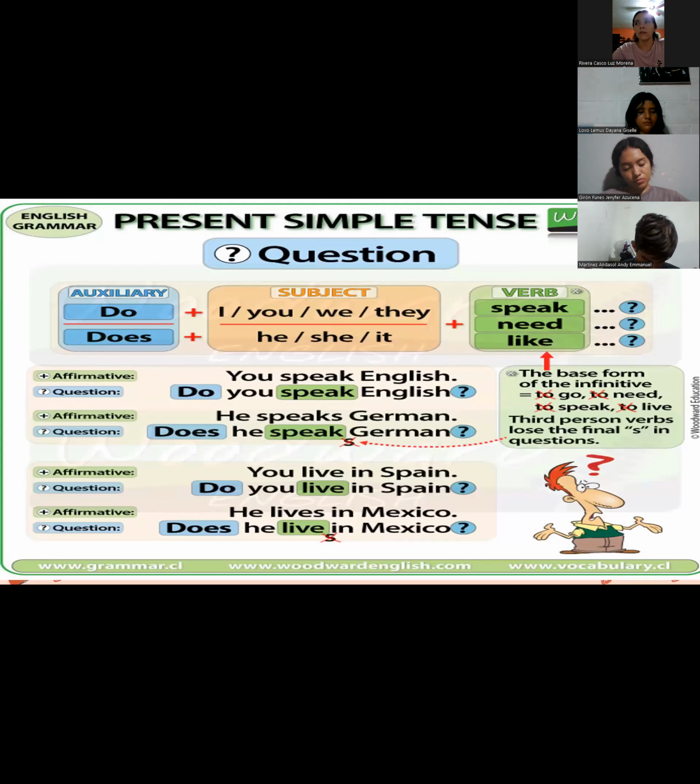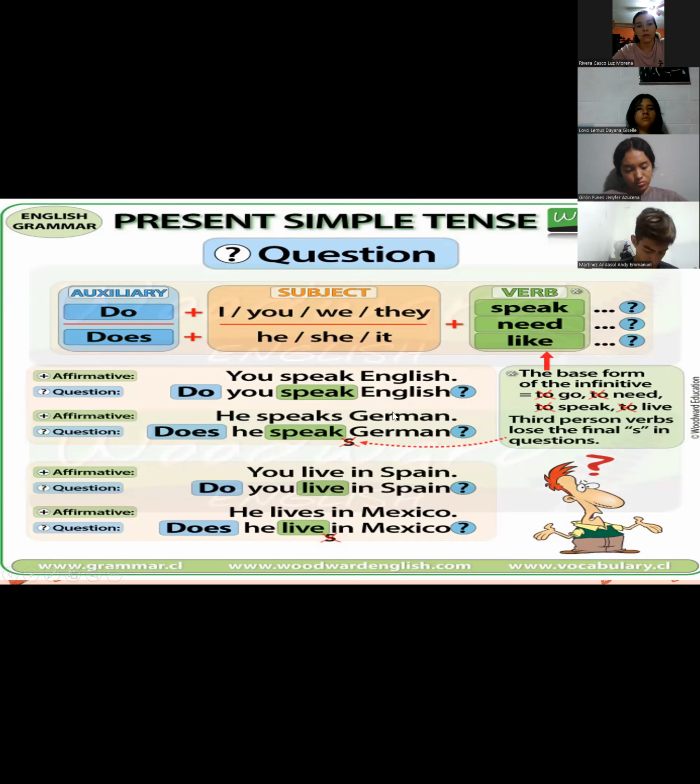Oh no, but first I want to show you this. We have here "do." We use it for I, you, we, and they, and the verb has no change. "Does" for he, she, and it, and the verb has no change. For example, "You speak English." "Do you speak English?" And we put the question mark and the auxiliary.